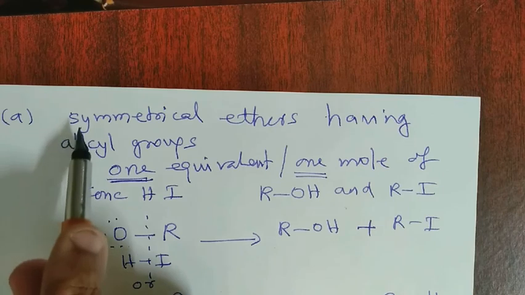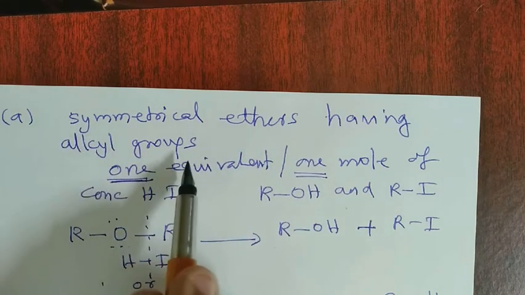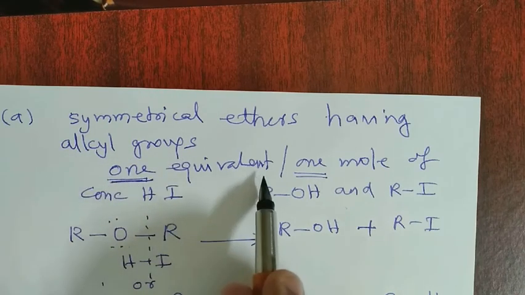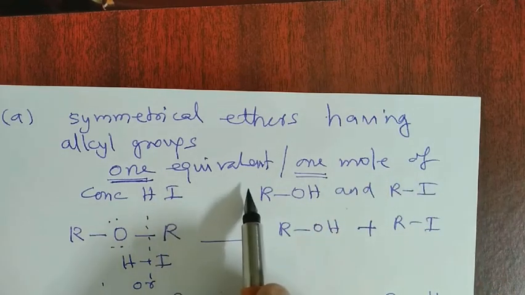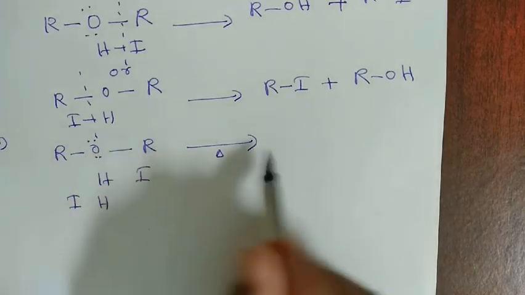Second, if a symmetrical ether having alkyl groups is treated with 2 equivalents or 2 moles of concentrated HI, alkyl iodide is obtained.